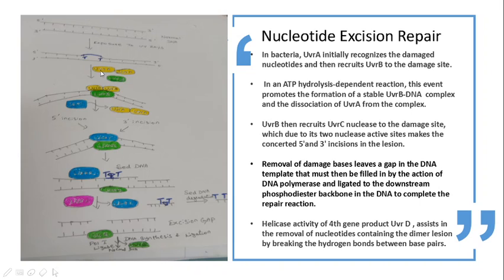The role of UvrA is to recognize. It will scan the DNA and search for the lesion. Once it recognizes the lesion, UvrB will bind tightly to that lesion, releasing the UvrA subunits. It is an ATP hydrolysis dependent reaction.